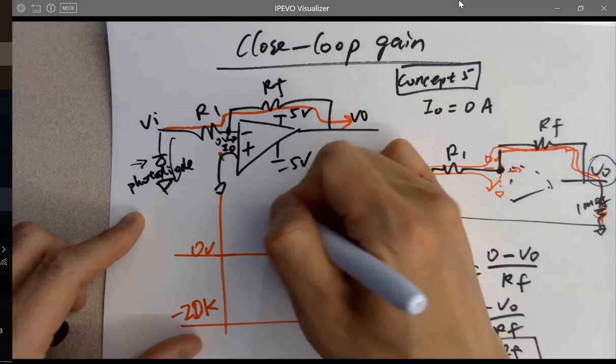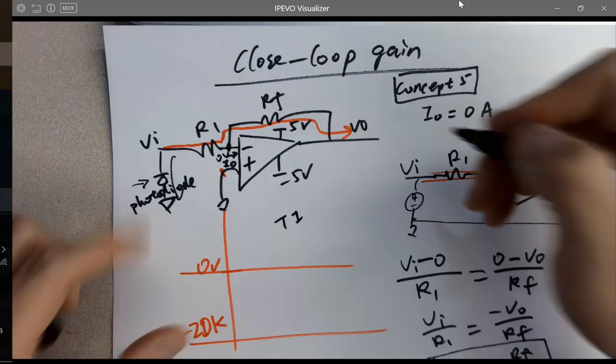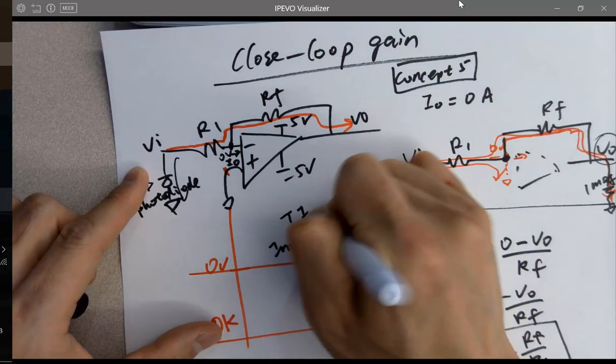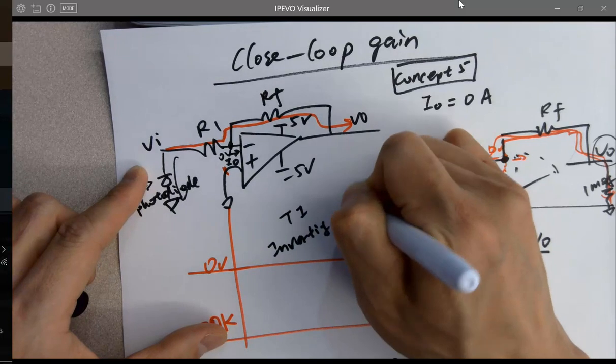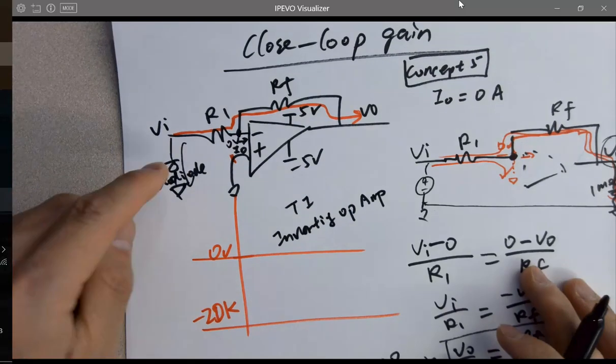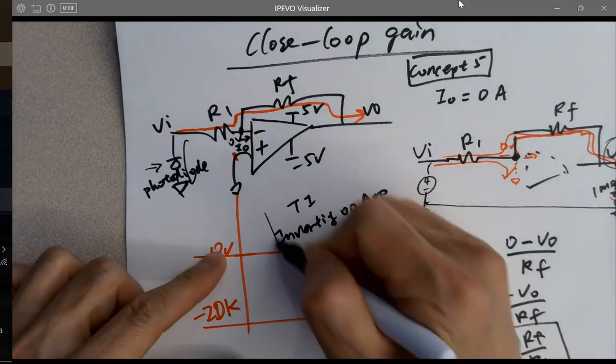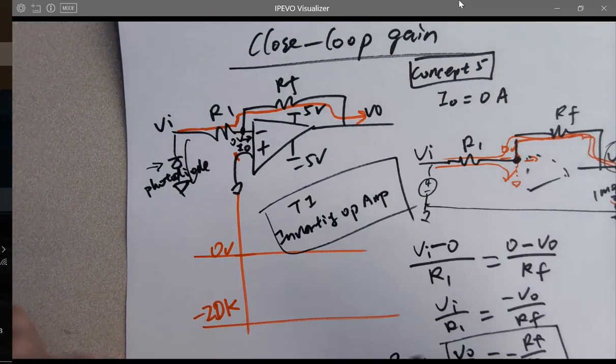So this is called a TIA. It's called an inverting op-amp, an inverting configuration, because the signal goes into the inverting terminal of the op-amp. That's another concept, and it's super annoying.